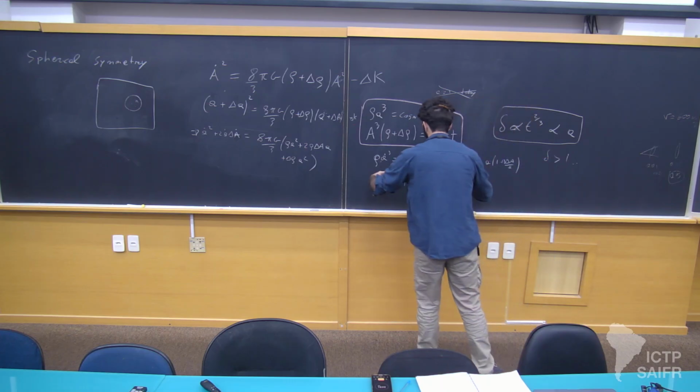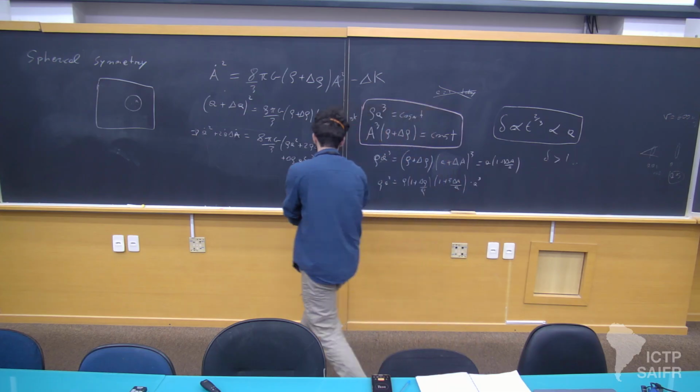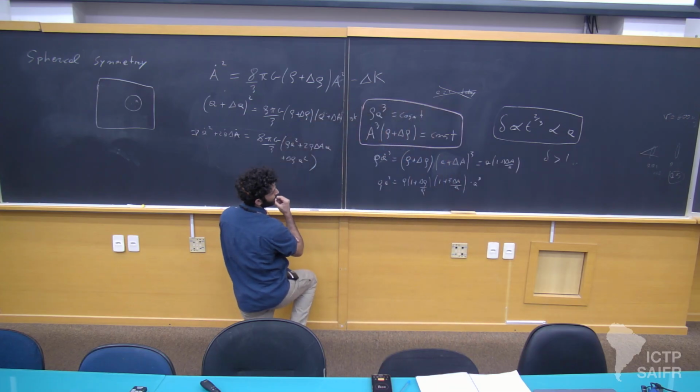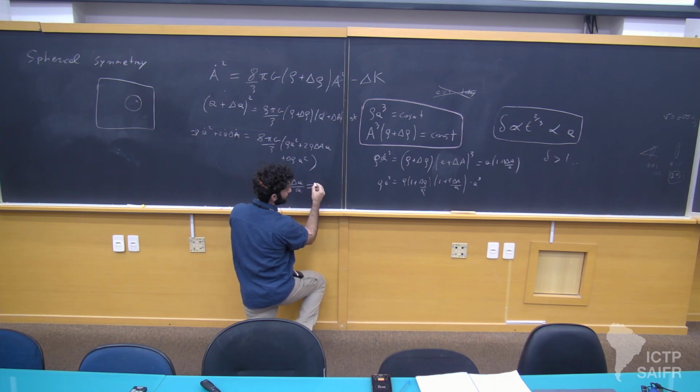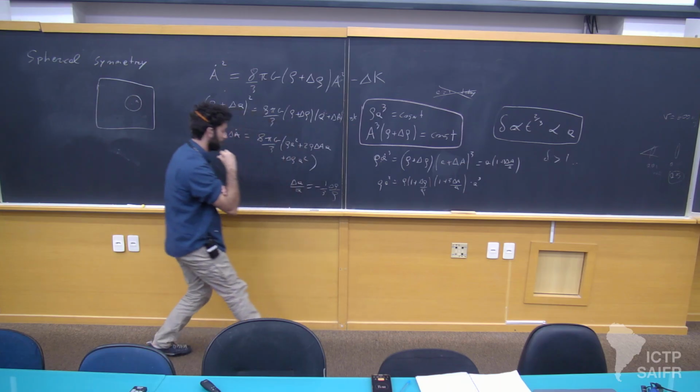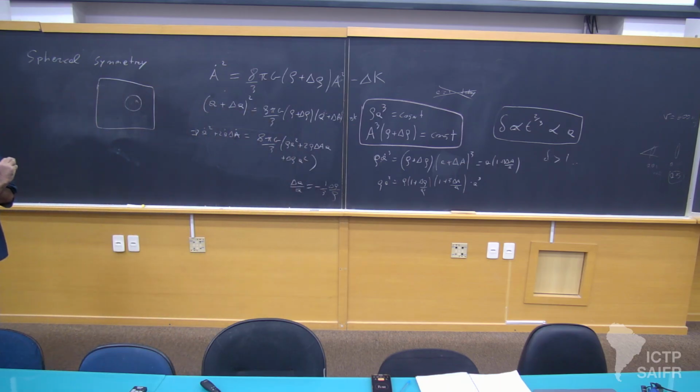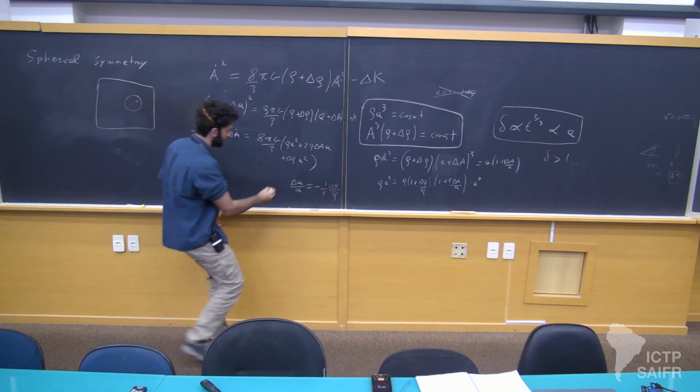So this will go away, and I get a nice equivalence. We should have something like δA/A equal to minus 1/3 δρ/ρ, if I haven't done anything wrong.